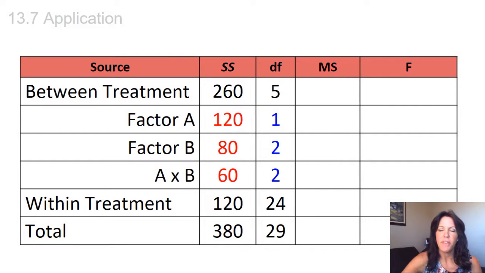Now I have everything I need to be able to conduct our mean squares calculations. We can follow the logic of this table to figure out the mean squares. We need to find the mean squares for factor A, factor B, A times B, and within treatment. So let's do that.